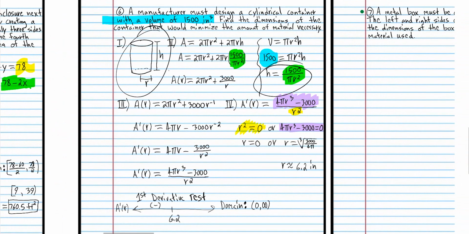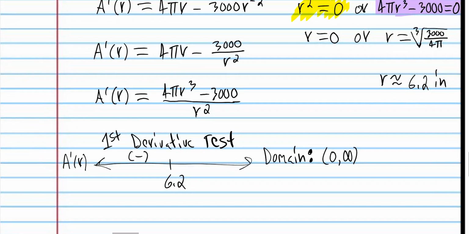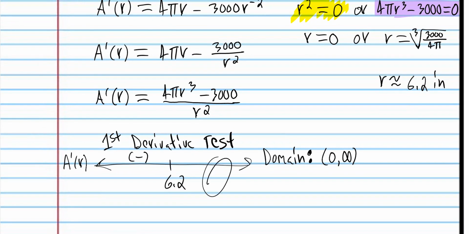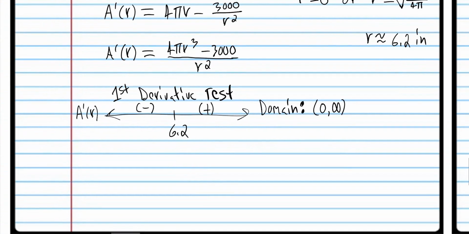And if we plug in maybe 10 up here, or we can plug in any number, we can plug in 1,000, we can see that that's definitely going to give us a positive value for our derivative. So we're calculating the sign of the derivative when we plug in these numbers. And so now, because the derivative changes from negative to positive, we see that this is actually the location of a minimum value.